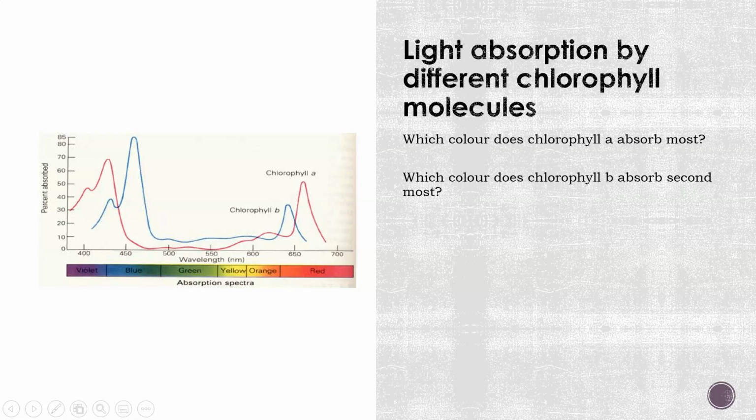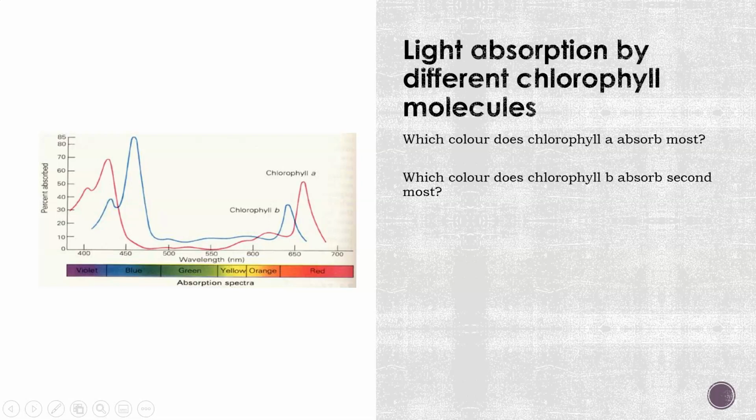If we're looking at chlorophyll B, beta chlorophyll, which colour does it absorb second most? Most would be your blue there, nearly to a little bit of green. Second most, ooh, those peaks are very close. I'd say it's that blue, but it could be referring to that red.